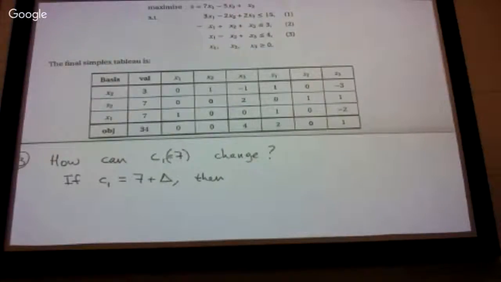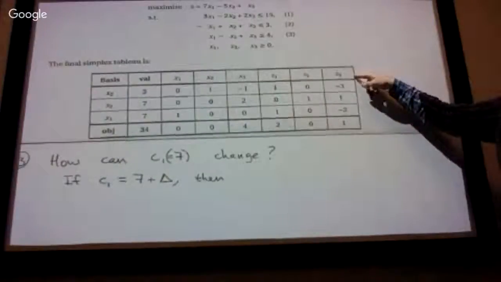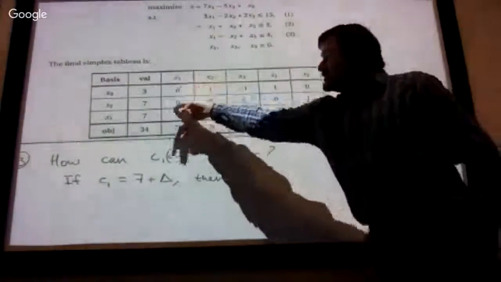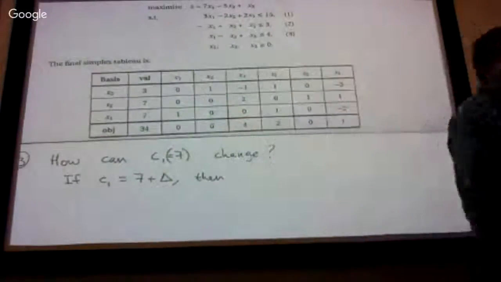Is the value going to change? Oh, maybe not. Is anything in the matrix going to change, in the inverse matrix? No. Is anything over here going to change? No. So the only thing that is going to change is the objective row.